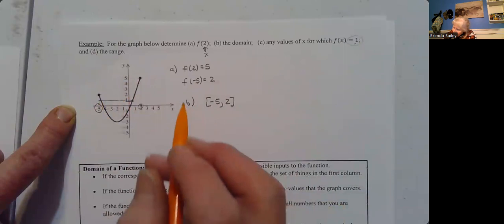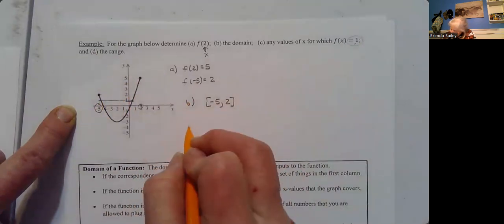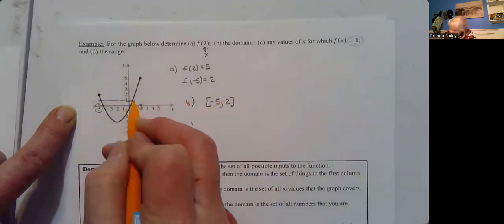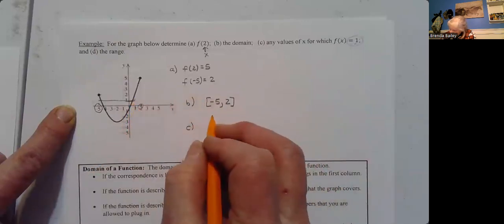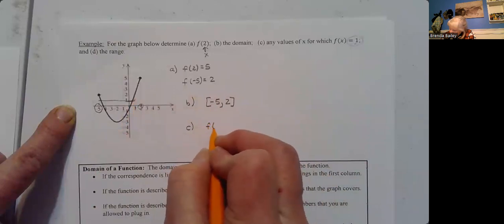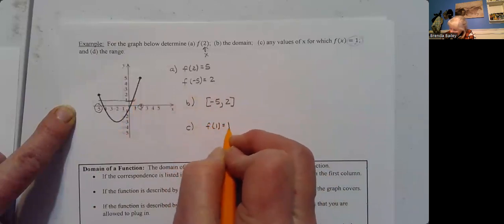So what x's give you a 1? Well, the 1 gives you a 1. We'll say that's 1, even though it could be like 0.75 or something like that. f of 1 gives you a y value of 1.